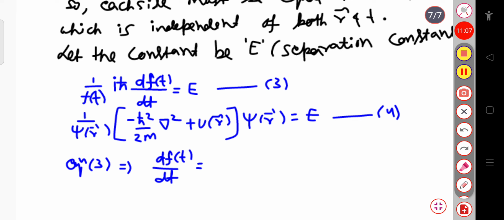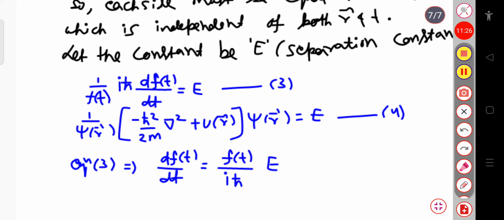So if I multiply this f(t) term on the right hand side, this will be f(t) divided by iħ into E. And further, df(t)/dt is equal to f(t) divided by iħ into E.